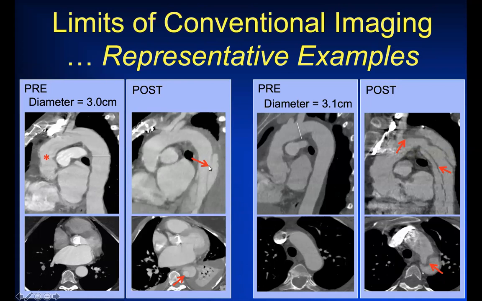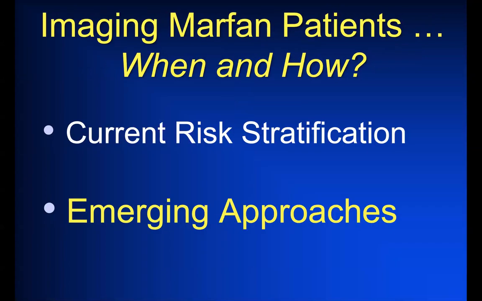So you can see a type B dissection identified here by the red arrows. Here's another patient on the right with minimal dilation of the aortic root, 3.1 centimeters in size, and subsequent dissection despite not meeting criteria for intervention on that baseline imaging.